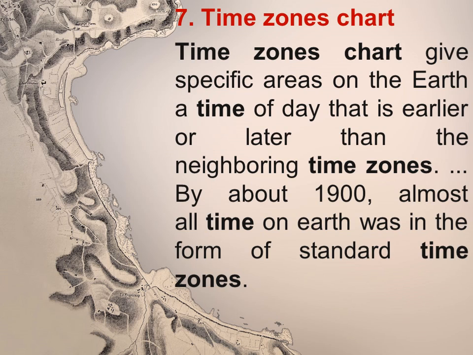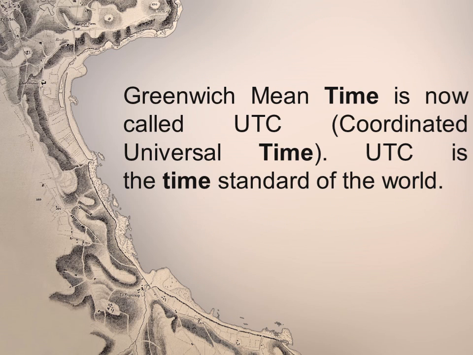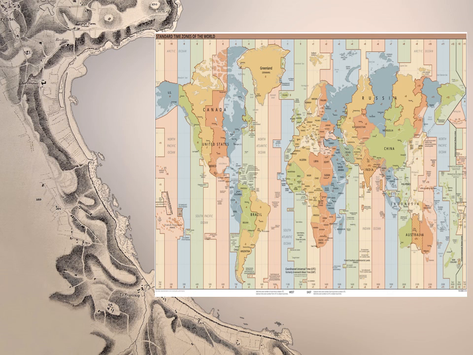It is based on Greenwich Mean Time, now called UTC or Coordinated Universal Time. UTC is the time standard of the world. Notice that this is an example of the time zone chart.